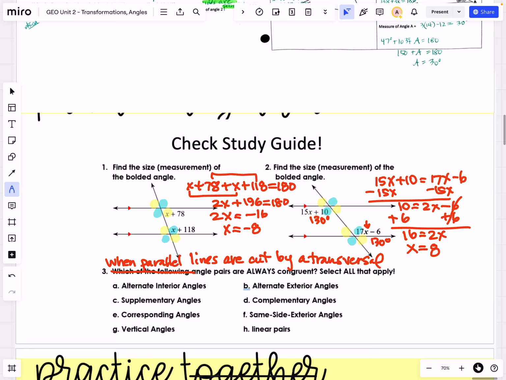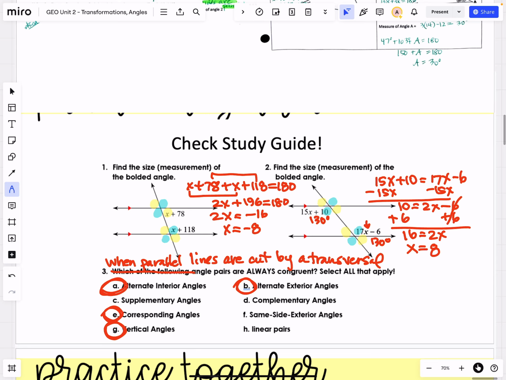Okay. Alternate interior angles are always congruent. Supplementary angles, no. Sorry, my dogs. Supplementary angles just have to add up to be 180 degrees. Corresponding angles, always congruent. Vertical angles, always congruent. Alternate exterior angles, always congruent. And that'll do it. Okay.